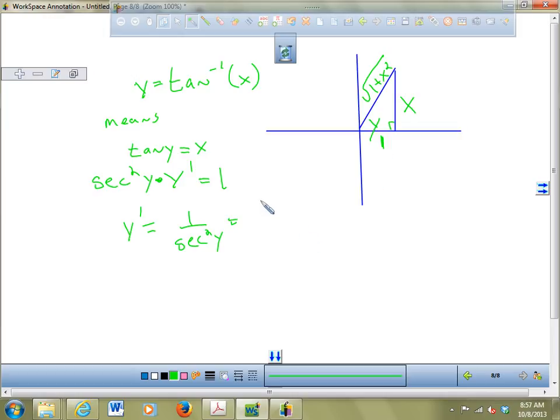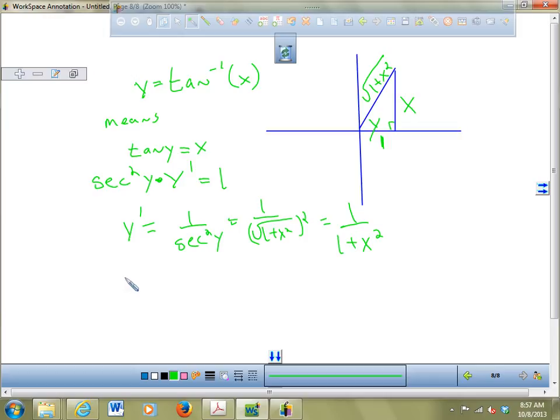So what I have is y prime is 1 over square root of 1 plus x squared. It's secant squared, so I need to square that. So this comes out to be a very nice, neat 1 over 1 plus x squared, like that. Okay? So that's the derivative of tangent.